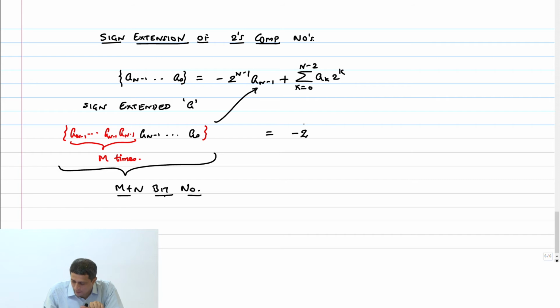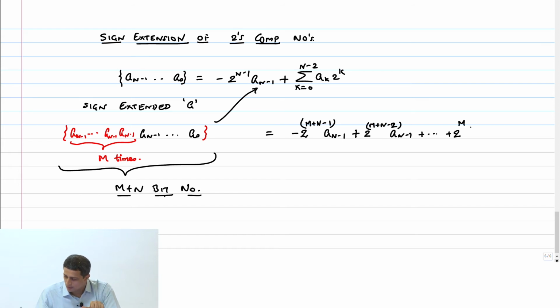Minus 2 power m plus n minus 1 into a n minus 1, plus 2 power m plus n minus 2 a n minus 1, same bit, all the way down to 2 power n a n minus 1.